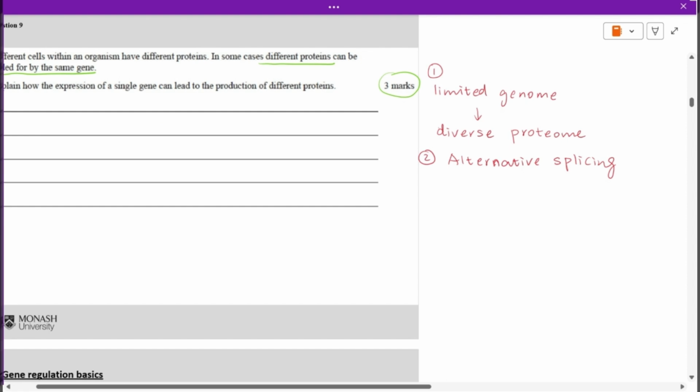Okay. So already I've assigned a few marks to the points I want to include in my answer. So number one, the first mark goes to limited genome produce a more diverse proteome. Number two is the definition or description of the process of alternative splicing.